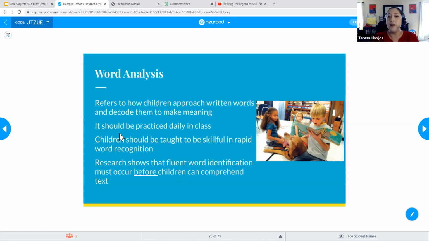If you give something to a student to read, and the student is still working on trying to sound out the letters to form a word, then they're not focusing on what is actually being said. So students that are struggling with reading, if they just can't make the words, then they're not comprehending anything because they're focusing all of their time and energy and brain power on just putting together those words to read.